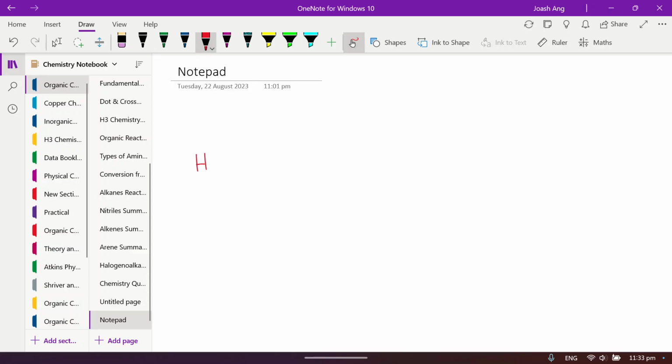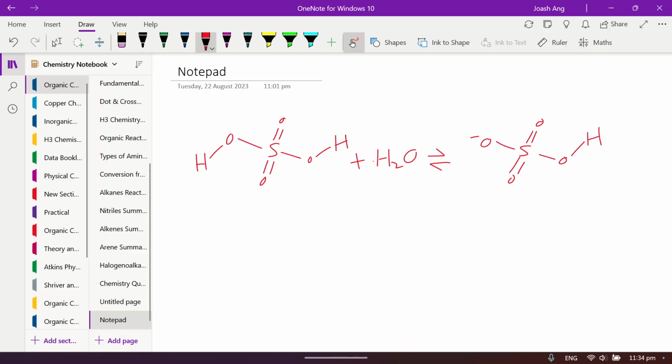The reason why H2SO4 is deemed a stronger acid than HNO3 is because, if I draw out the equation for the acid dissociation, we would compare the stability of the anion or the conjugate base.